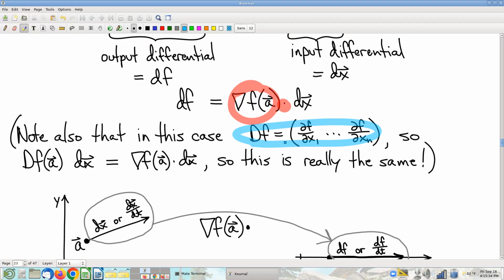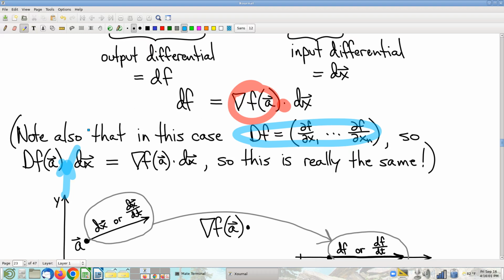So you only get one row. It's a row consisting of all the partials of f, just like this is a vector consisting of all the partials of f. It's all the same stuff, just assembled a little bit differently. So instead of viewing this as a vector and dotting it, you can view it as a matrix and matrix multiply. We don't put anything in there, but you know what I mean.